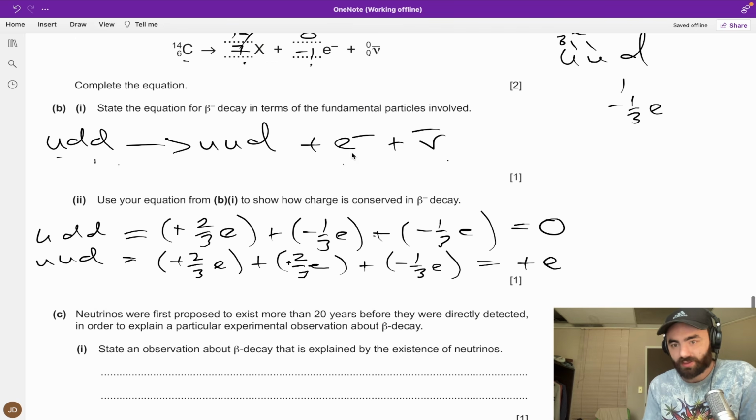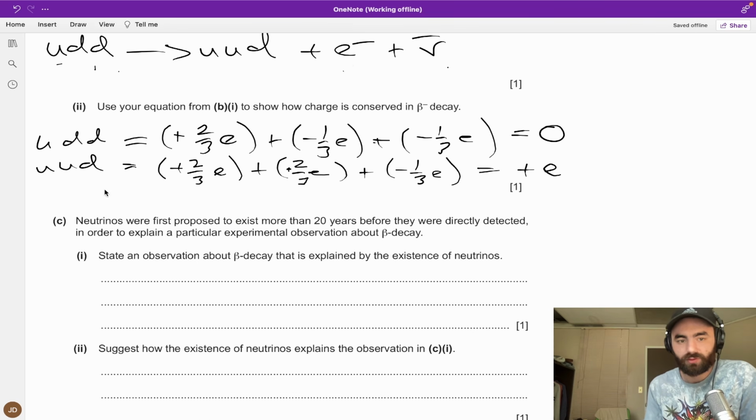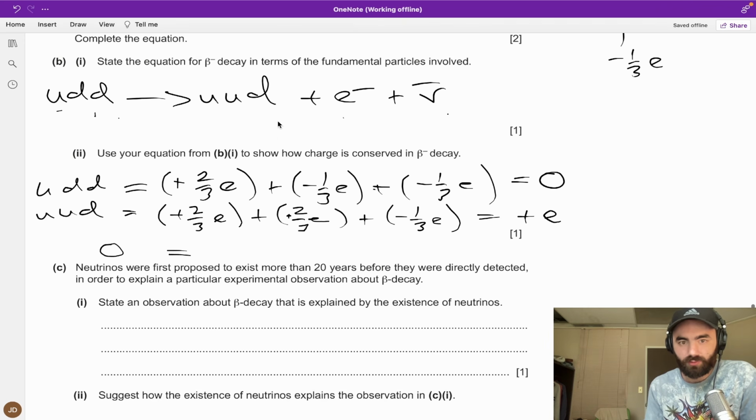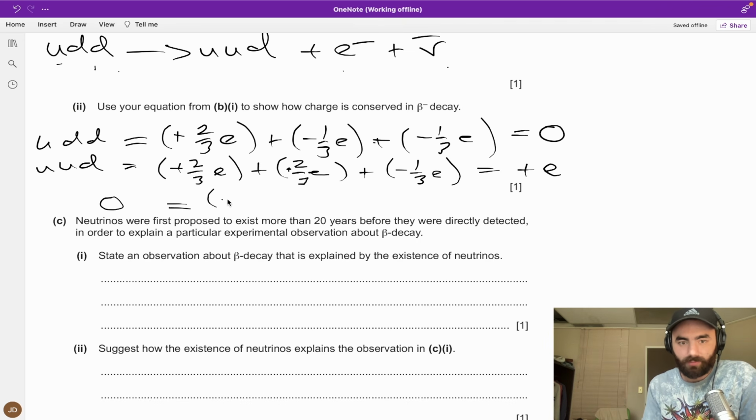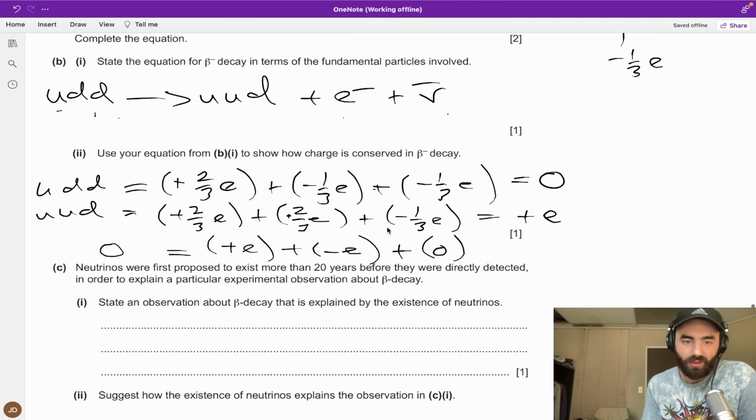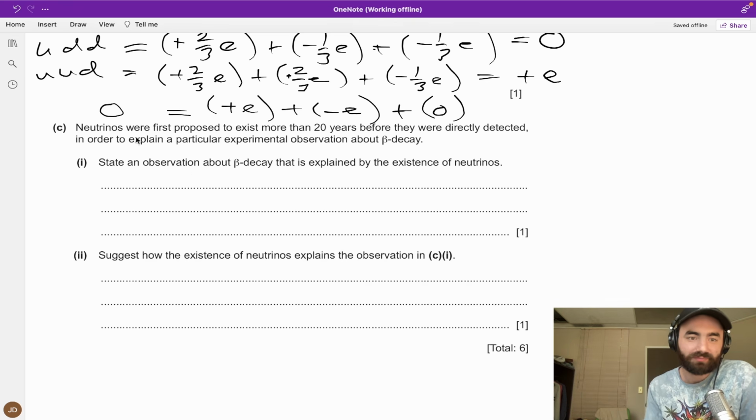And then this electron is going to have a minus e charge. So in terms of charge, it would be 0 on this side, equals this plus e, this minus e, which is 0, plus there's no charge on the neutrino or antineutrino, so this is 0. 0 equals 0. A bit overkill, but that's how I do it.